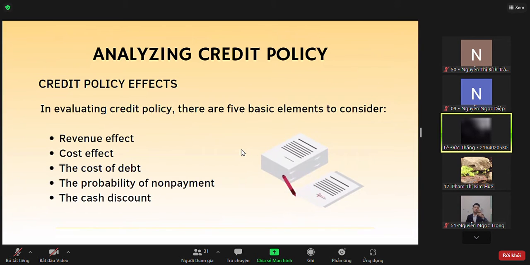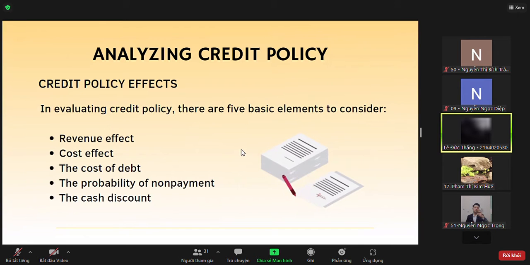In evaluating credit policy, there are 5 basic elements to consider. First of all is revenue effects. The firm will have delayed revenue, and even if the customer is unable to pay the receivable, it will become some bad debt.